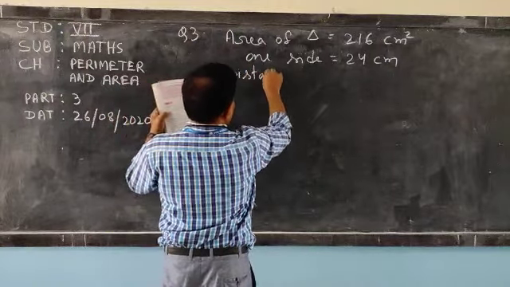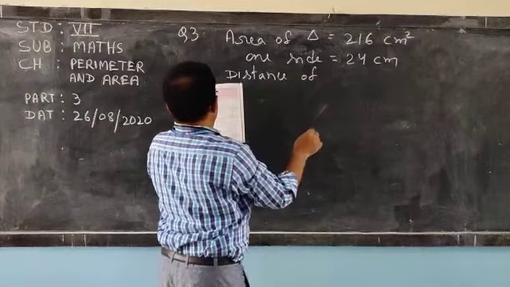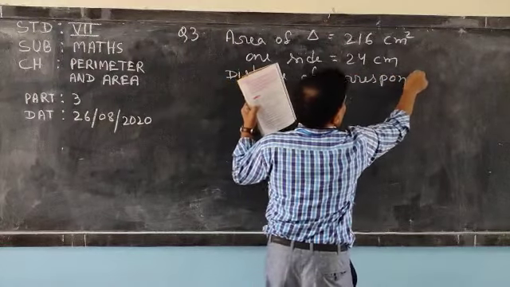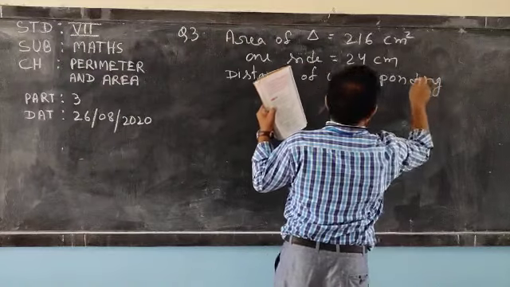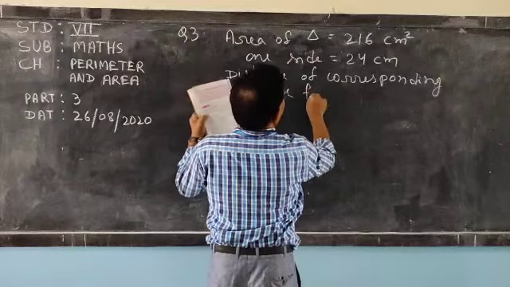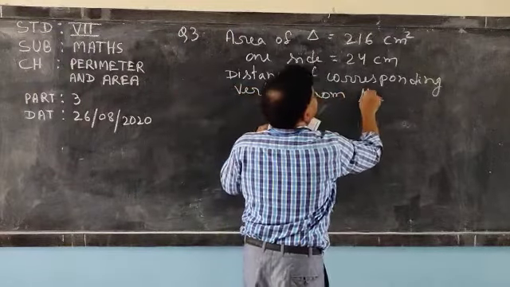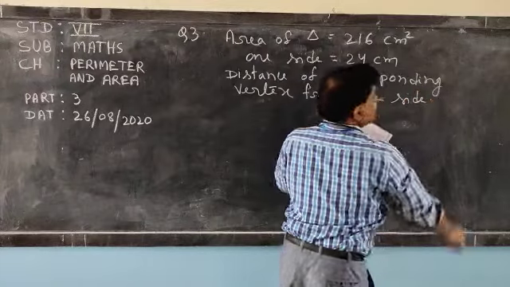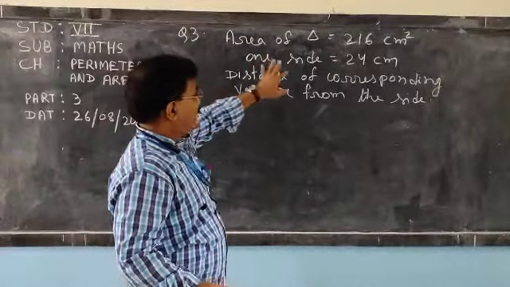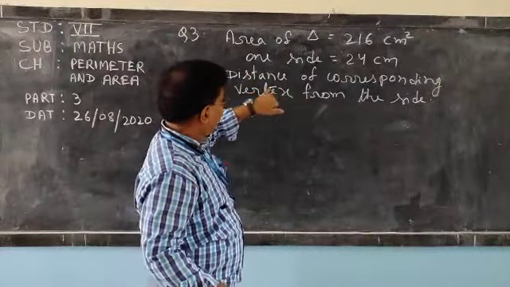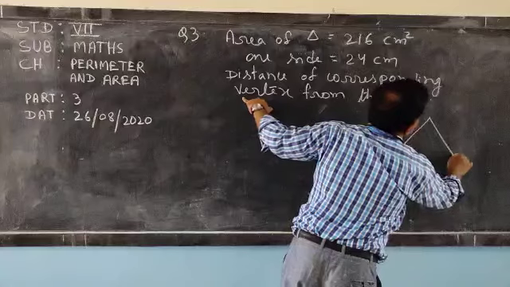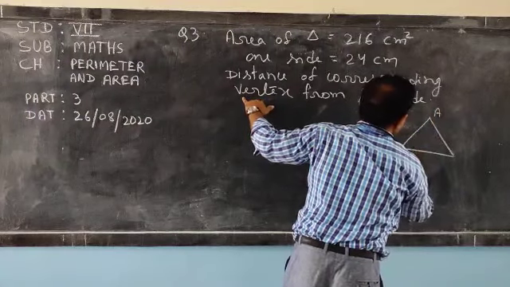Now try to understand the question. What is asked? Area is given, one side is given, and the distance of the corresponding vertex. Vertex means corner. This is a triangle, let it be ABC.